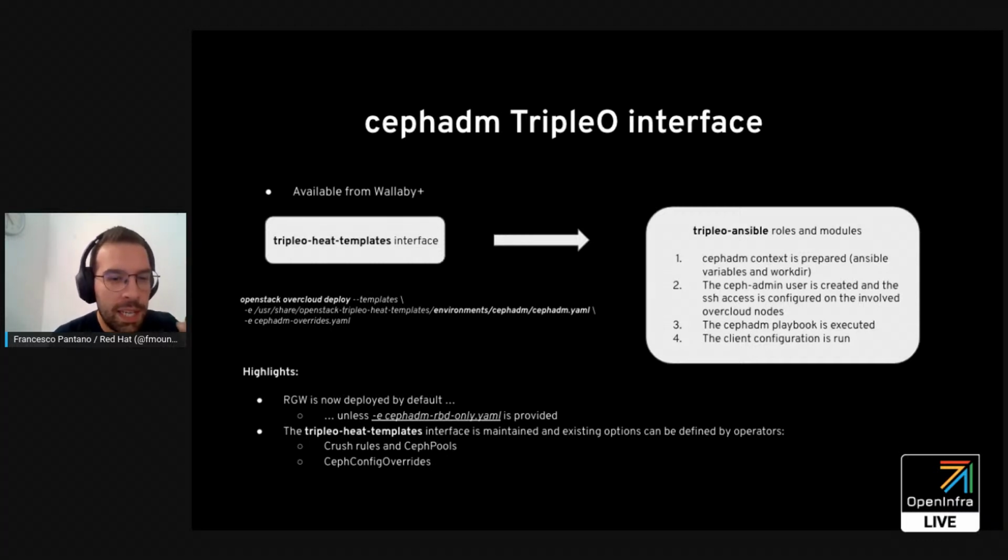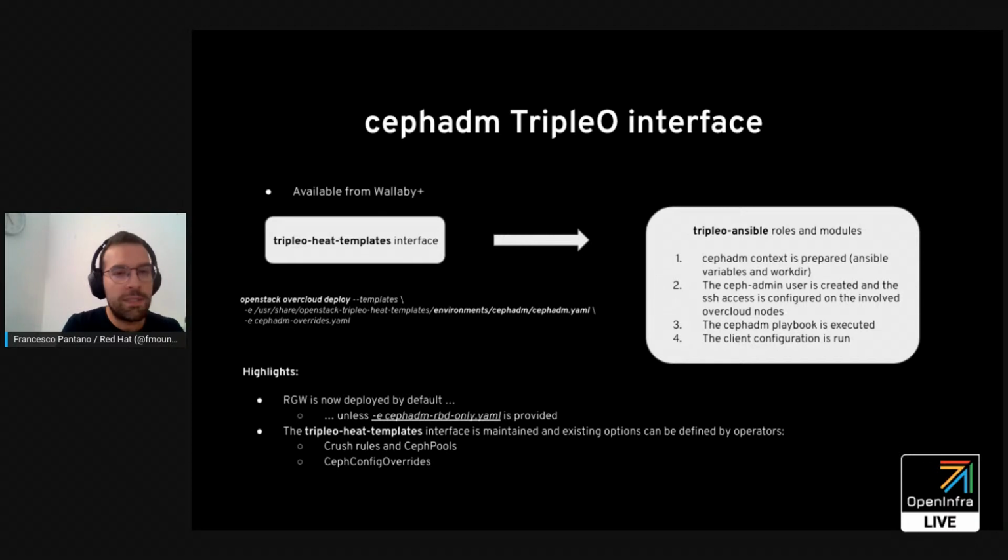The thing I want to highlight here is that now, from Wallaby, RGW is deployed by default, which is a big change from the past, unless you want to exclude it from the first deploy and deploy just the first minimal cluster made by monitors, managers, and OSDs. The other thing is that the TripleO templates interface is backward compatible, so we're maintaining options that are defined by overcloud heat parameters. So you can customize crush rules and create different device classes according to the Ceph cluster and the hardware where it is deployed.